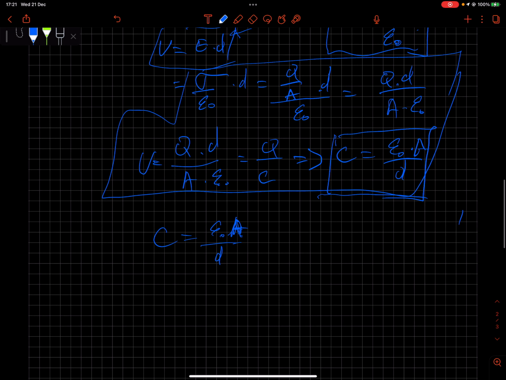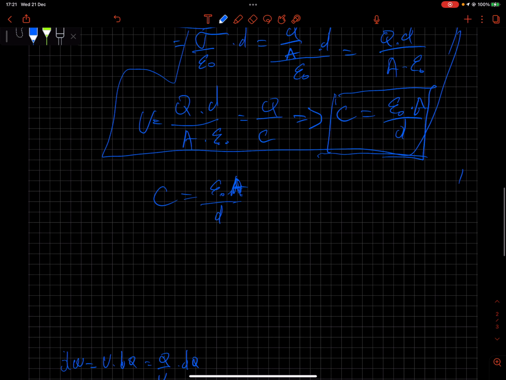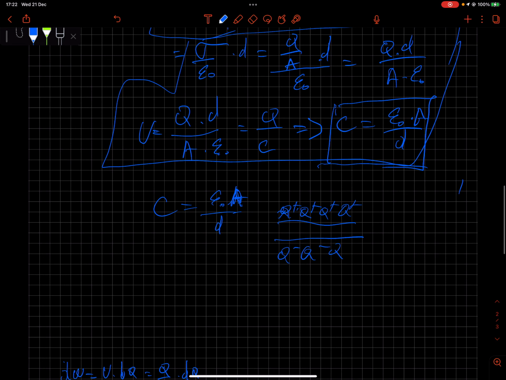So what else can we say about the capacitor? The amount of energy that it can store. So let's say that we have two plates, a capacitor, and let's say on the top plate we have positive charge, on the bottom plate we have some amount of negative charge.